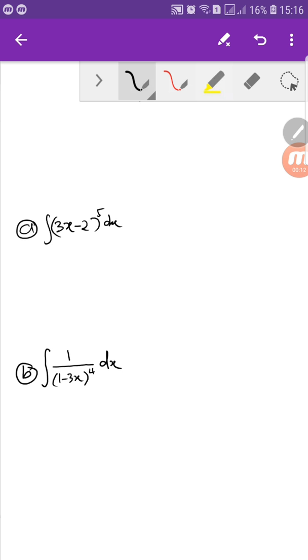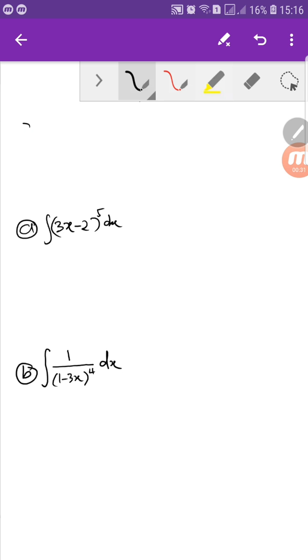As you can see in examples A and B, if you have a linear function, 3x minus 2 for example, with a bracket and another power outside of it, we can have a formula.